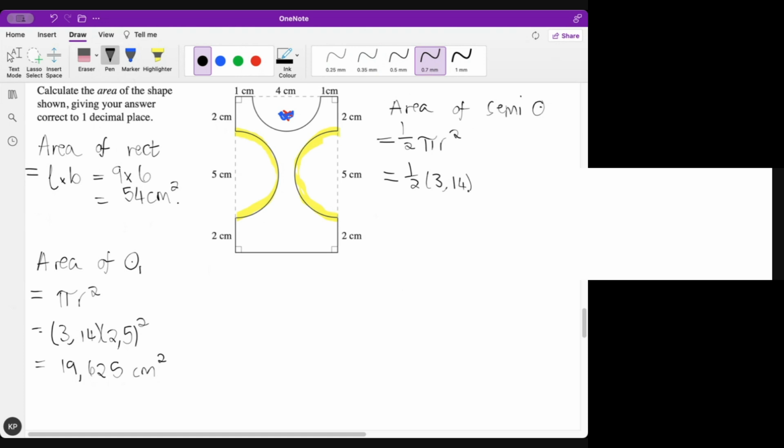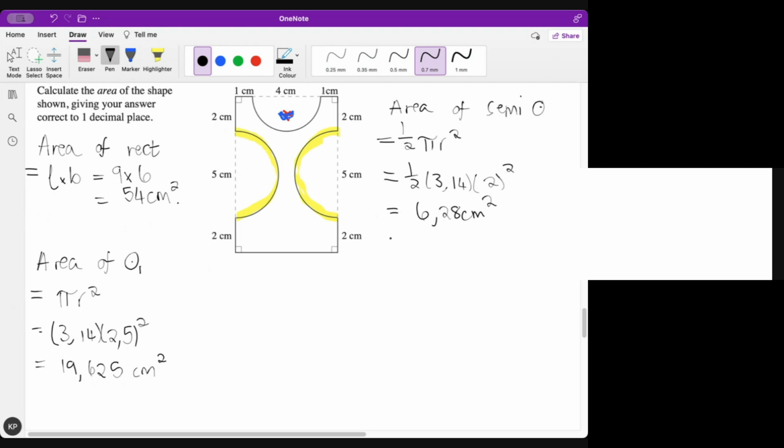What's the radius of the third circle that we are working with here? It is indeed 2 centimeters. So what's a half times 3,14 times 2 squared? That is 6,28 centimeters squared.